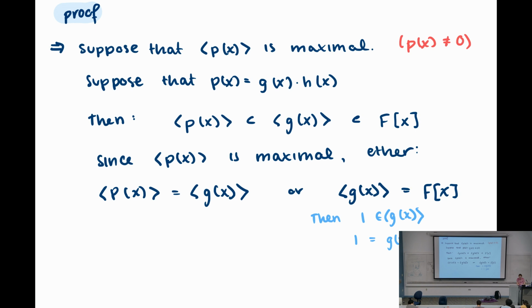Let's see, what letters haven't I used? F(x). Which means that G(x) is a unit, which is what we wanted to show. So in this case, we're done. Are there questions about that part?